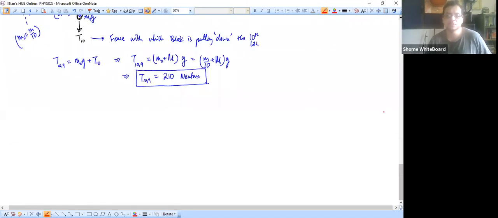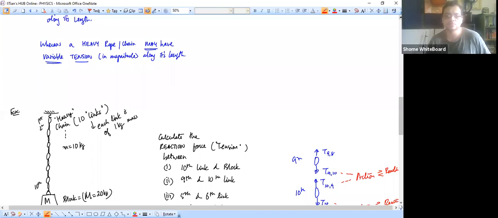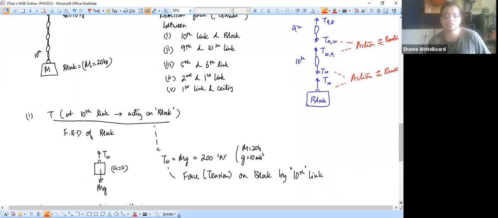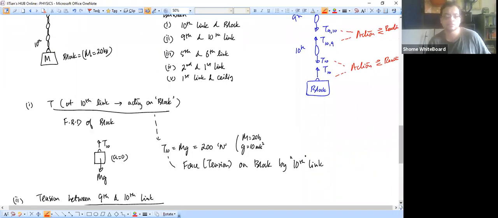And what this example is showing you is, because it's a heavy rope, or in this case, a heavy chain, the tension is varying. Link to link, the tension is changing by quite a significant amount.